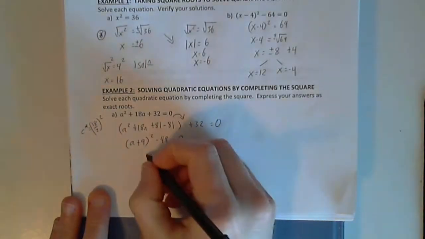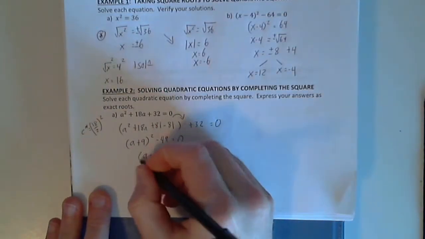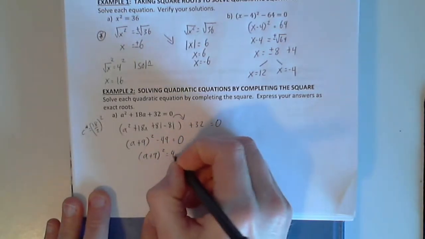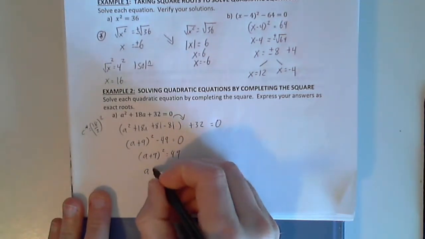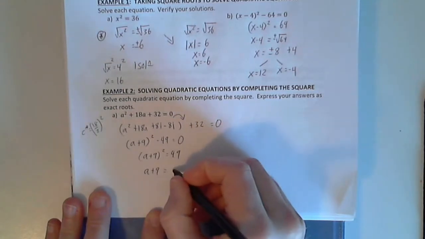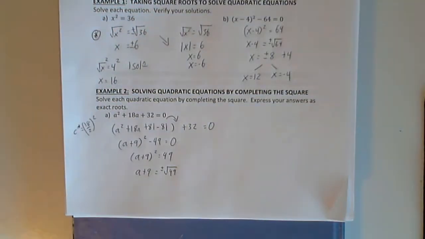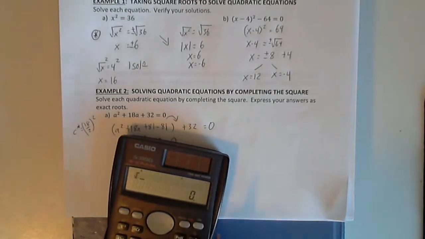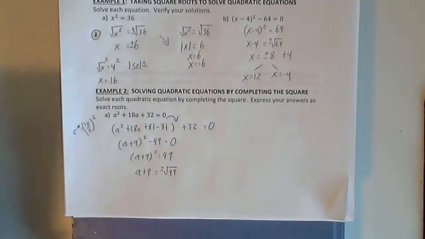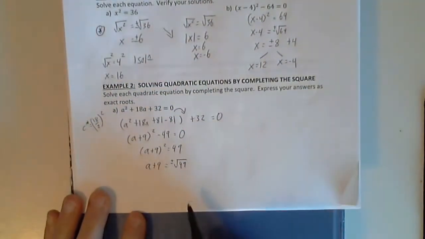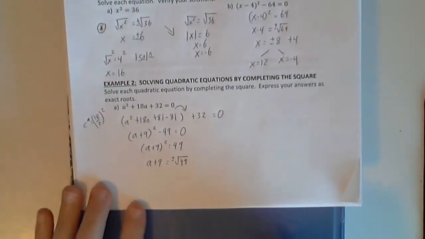So first we add the 49. Then we square root. Plus or minus. Make sure you always remember it at that step. And then we subtract 9. Is root of 49 a number? It is 7. So this one isn't actually a problem. Maybe the next one will need exact roots.